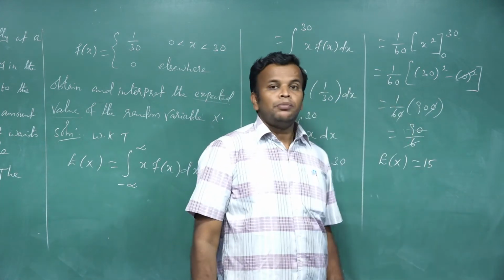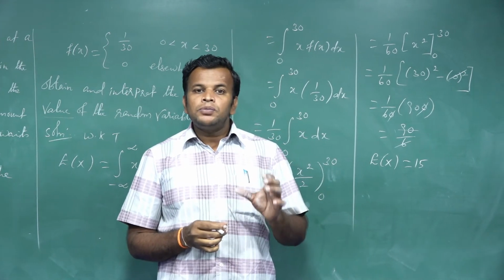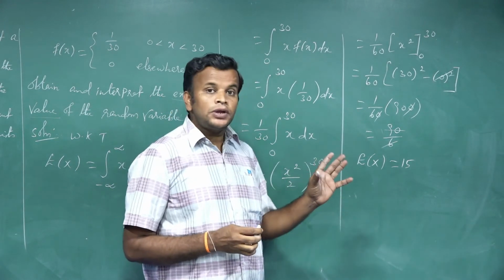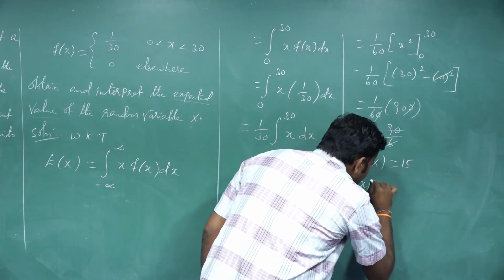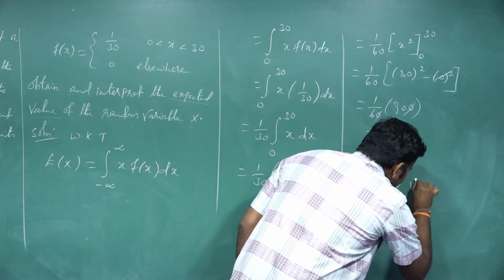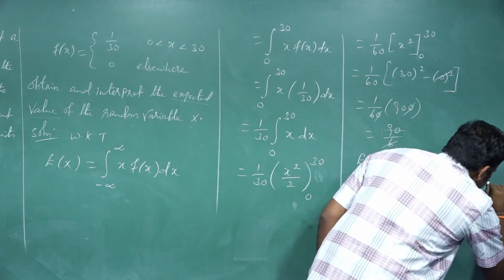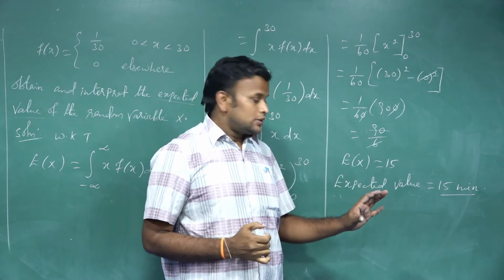It's just 15 minutes. So on a particular day, the train will arrive with a 15 minute delay. So the average time of delay is 15 minutes. So the expected value is equal to 15 minutes. We stop here. The average delay is enough.